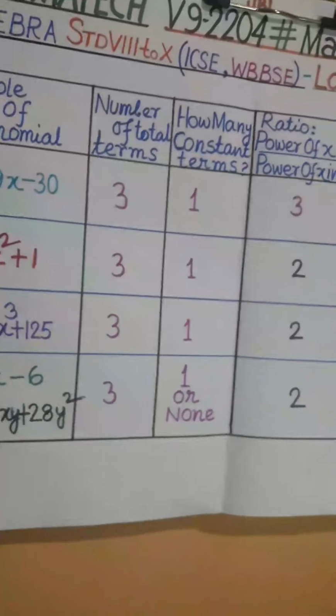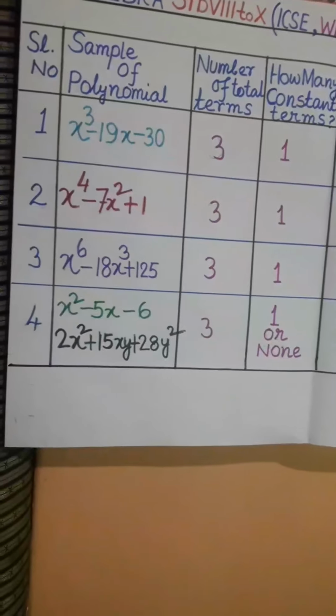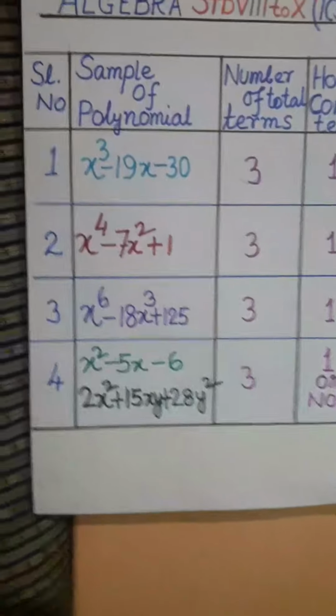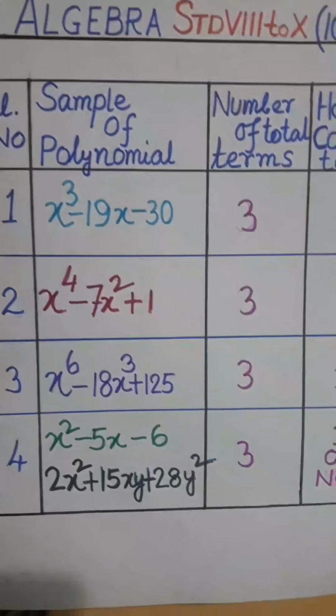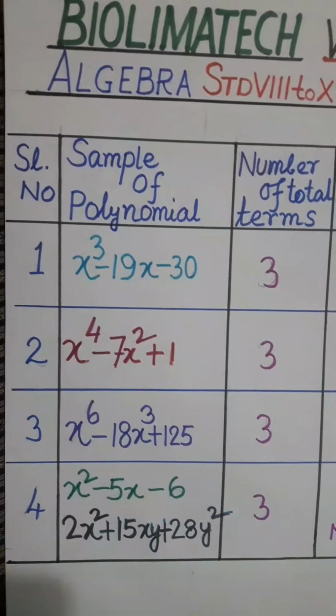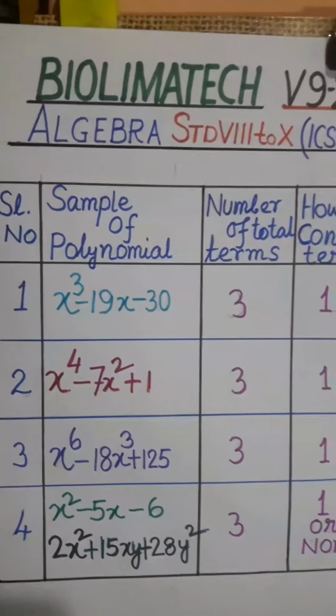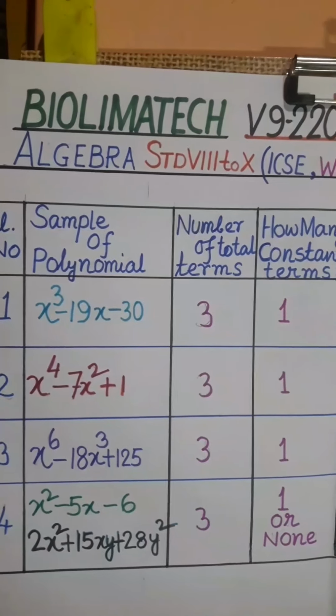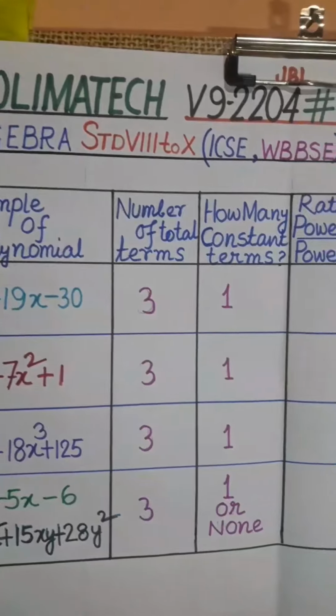So, my dear friends, we are right in front of a board where we have tried to create a kind of table so that we can illustrate our findings today.